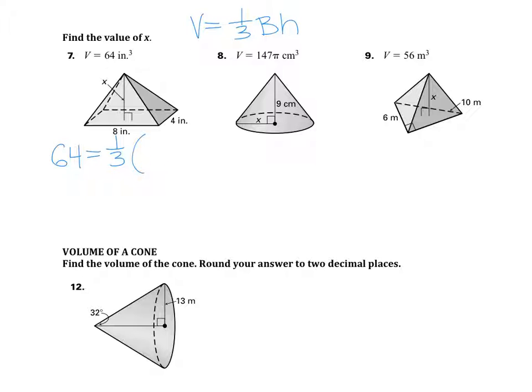The area of the base here would be 8 times 4. And we're trying to find x. Solving for x, you could take 64 times 3 divided by 32. X equals 6, and it's in linear units.